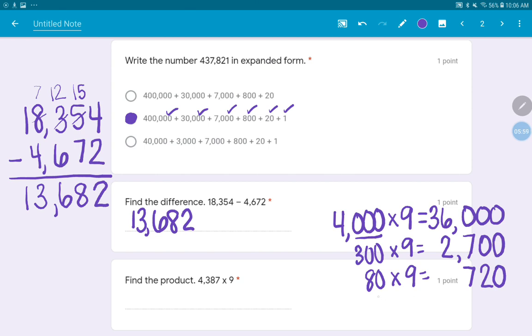And then 9 times 7, which is 63. And do we have any zeros at the end? No. Okay. Now what do we do?